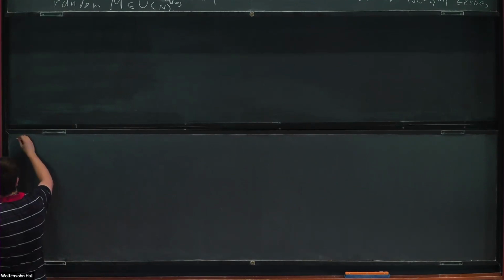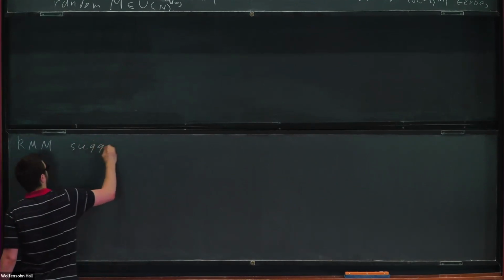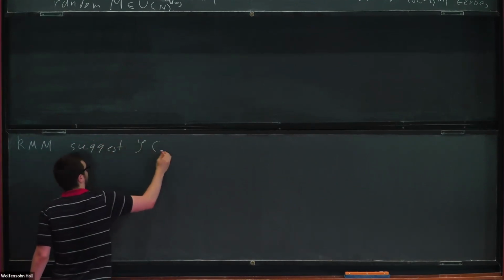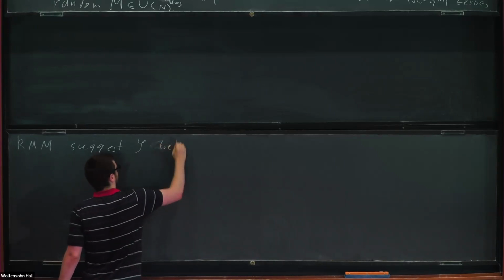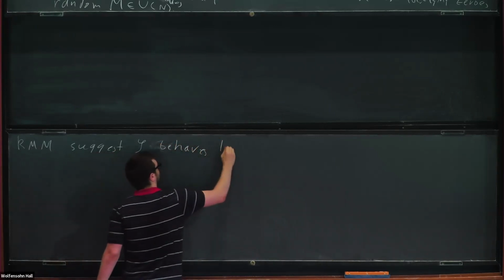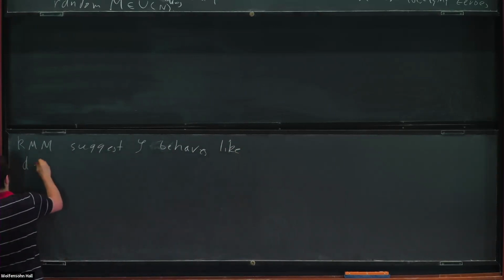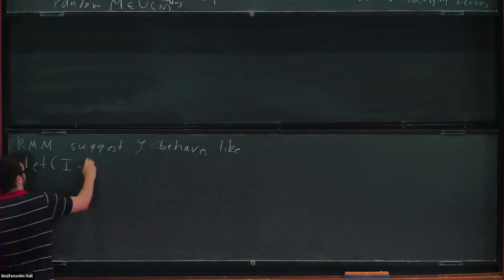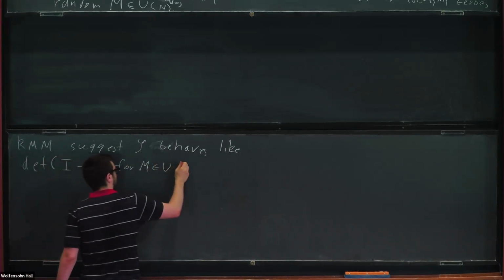So the random matrix model suggests that zeta should behave like the characteristic polynomial of a random matrix, determinant of I minus M for M in U(N) random.